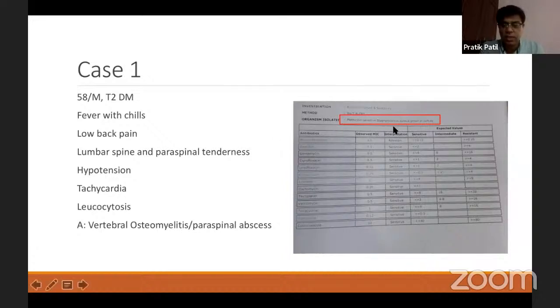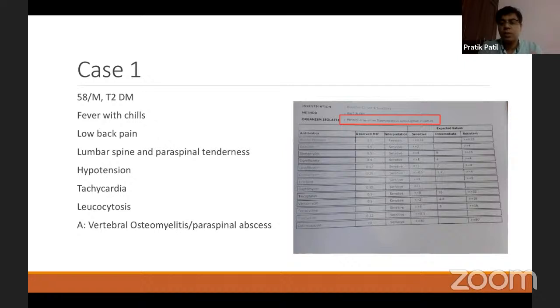And this is the blood culture taken at the time of admission. Like we analyzed the previous culture, you can see here it's a methicillin sensitive Staph aureus. The important thing here is the aureus. Staph aureus is never a contamination in the blood. It is always clinically significant. Whenever we see a Staph aureus, we need to look into different aspects.